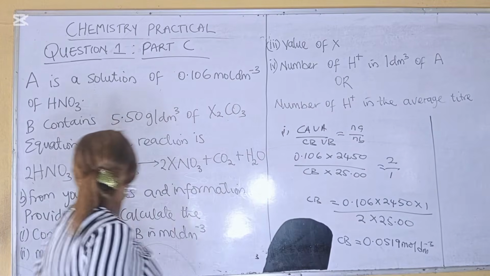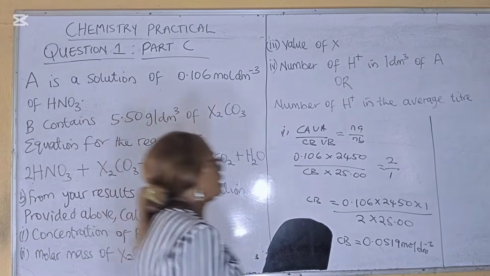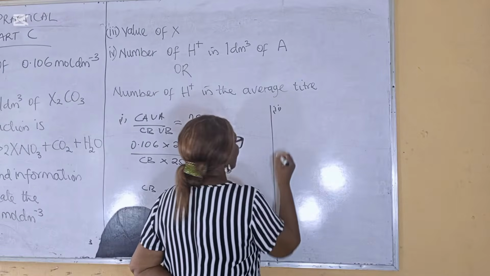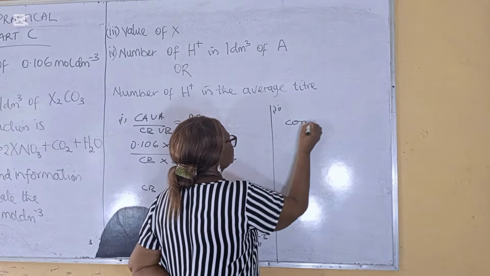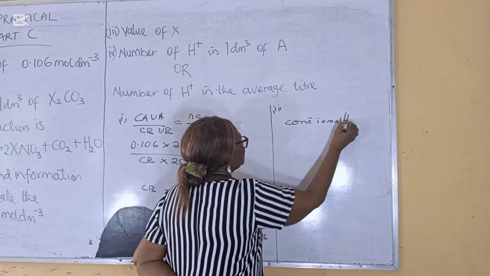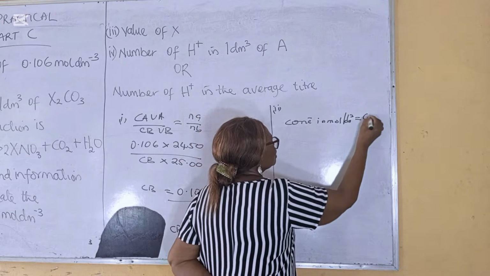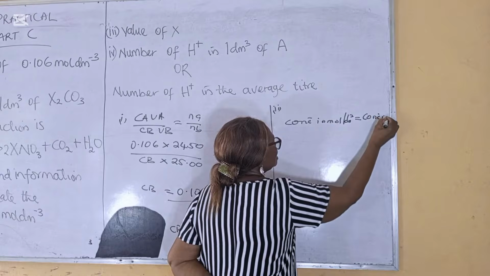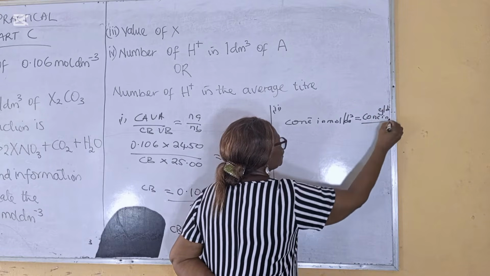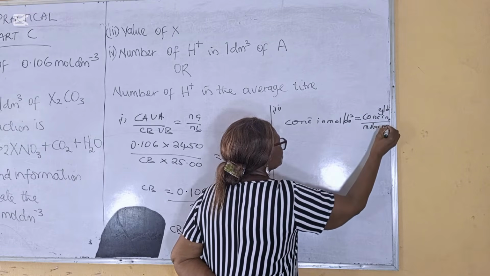The second number asks for the molar mass of X2CO3. Concentration in mole per dm cube equals concentration in grams per dm cube over molar mass.